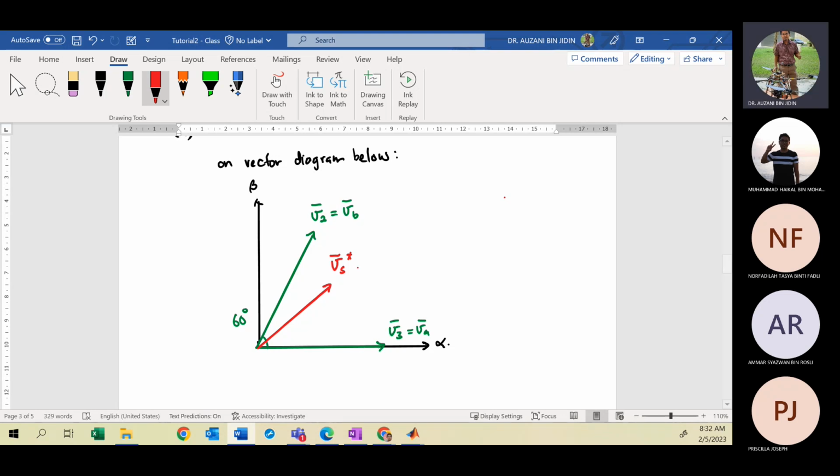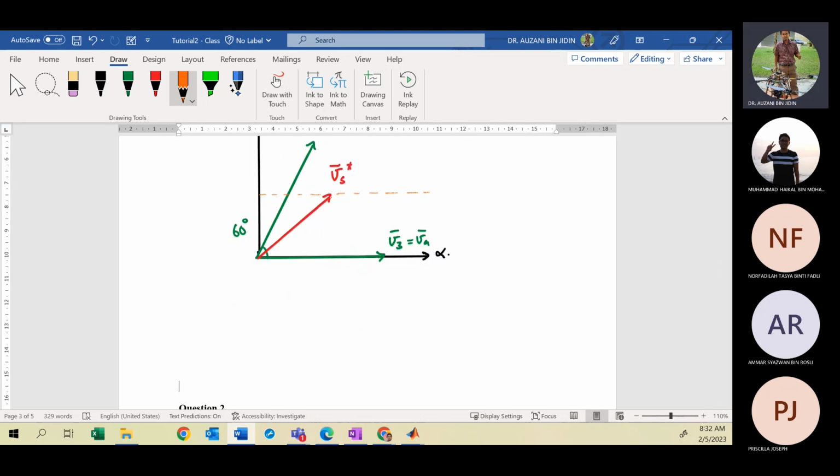Okay, so the vectors involved to produce the resultant vector of the space vector Vs are, so you need to identify what the vectors are. Before that, maybe I need to sketch the projection line here first. Then you have this line.